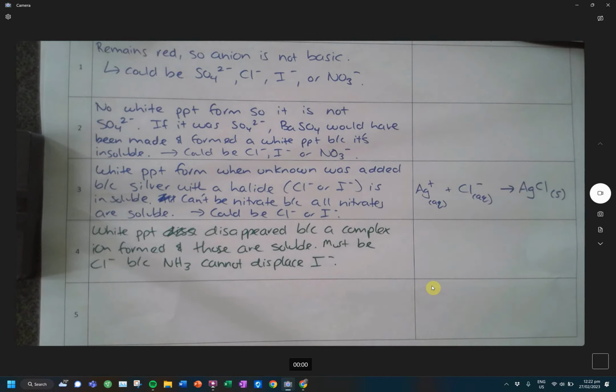Like that. That's the easiest way to do it. So that way you don't accidentally include ions that you don't need. Are we okay so far?